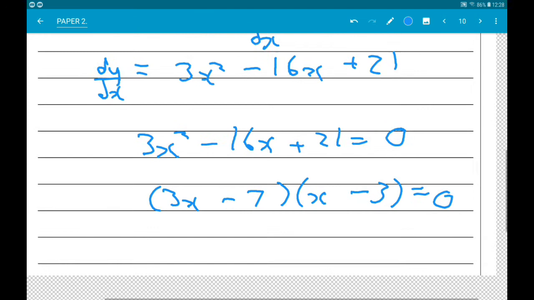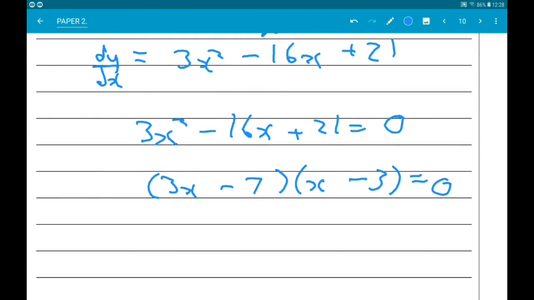So that then tells us x is 7/3 and x is 3.